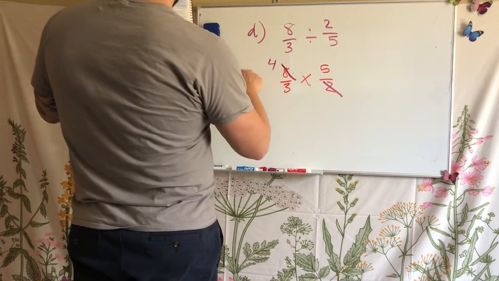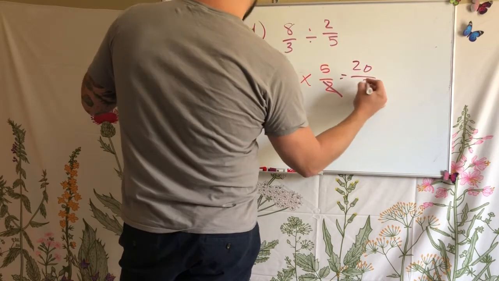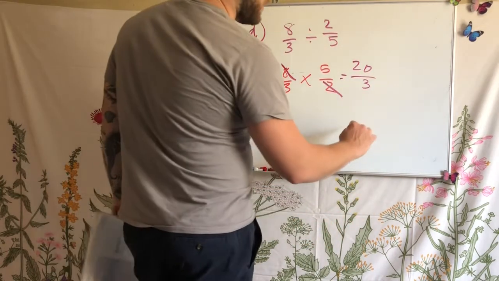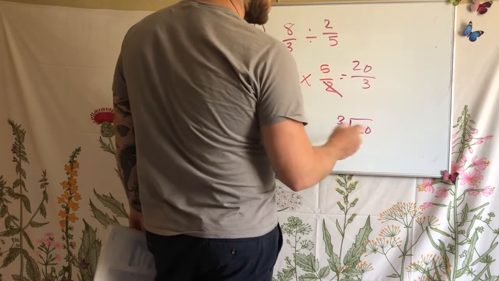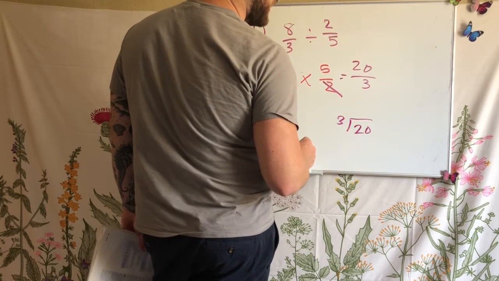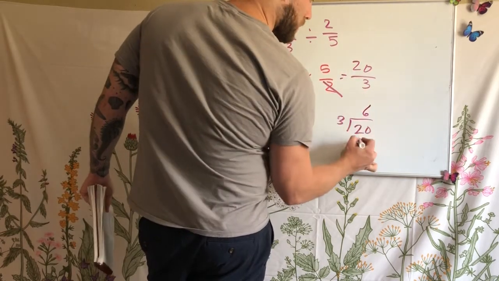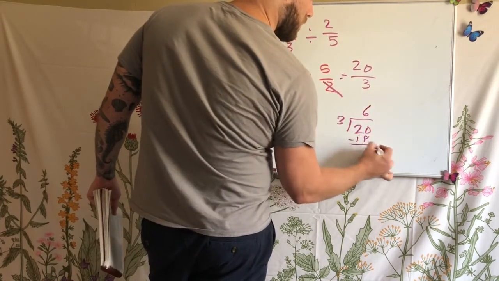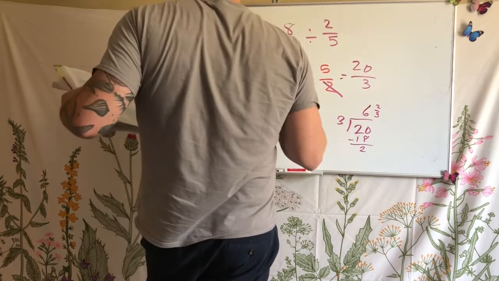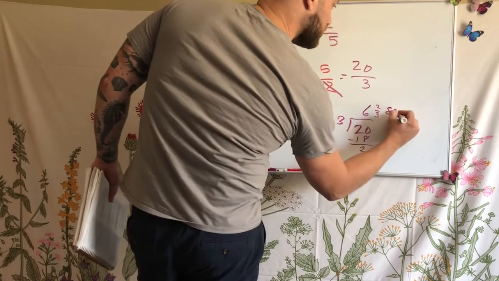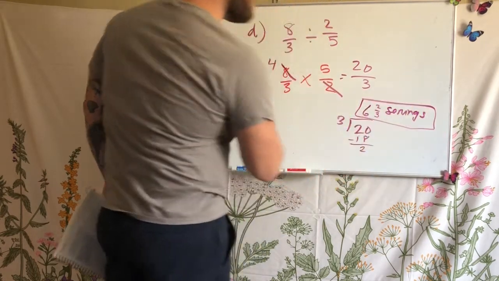So going straight across gives you 20/3. 20 divided by 3. 3 can go into 20 how many times? 3 times 6 is 18. What's left over? 2. So 6 2/3 servings. Box in your answer.